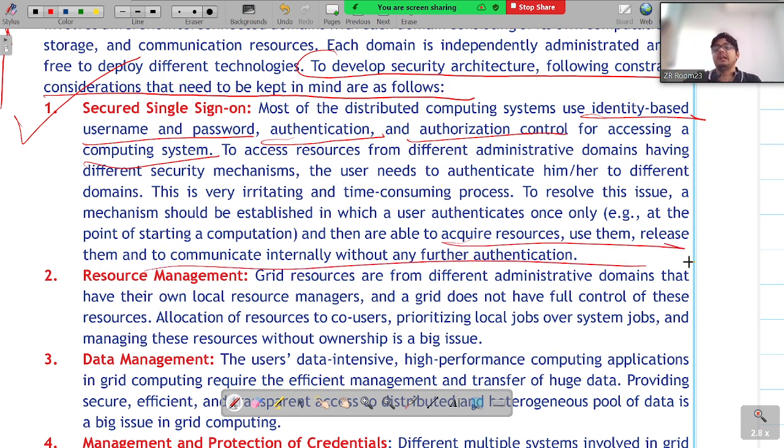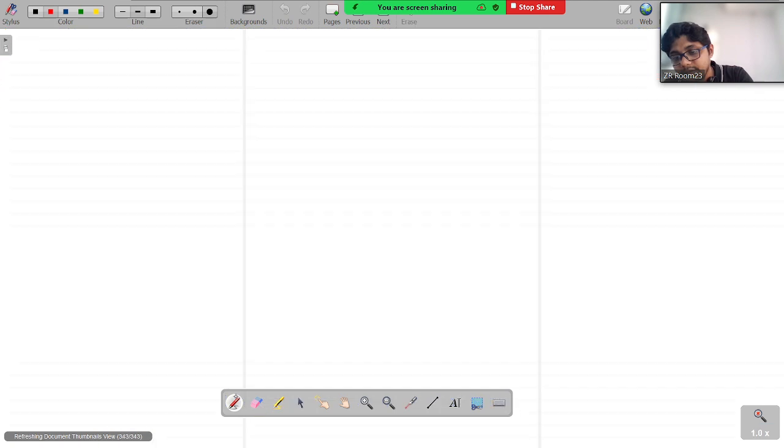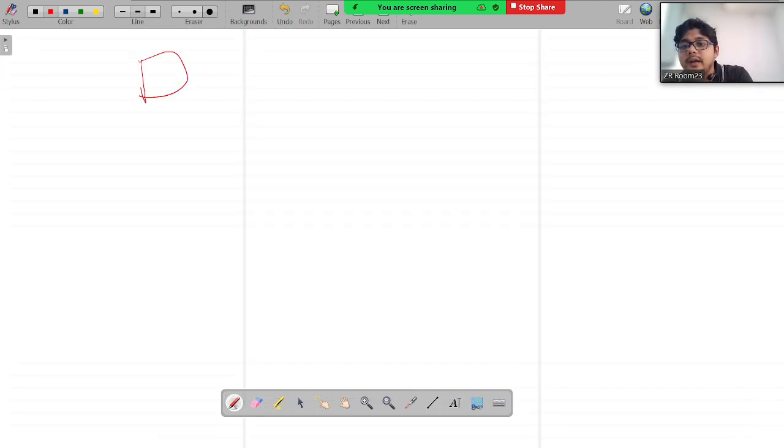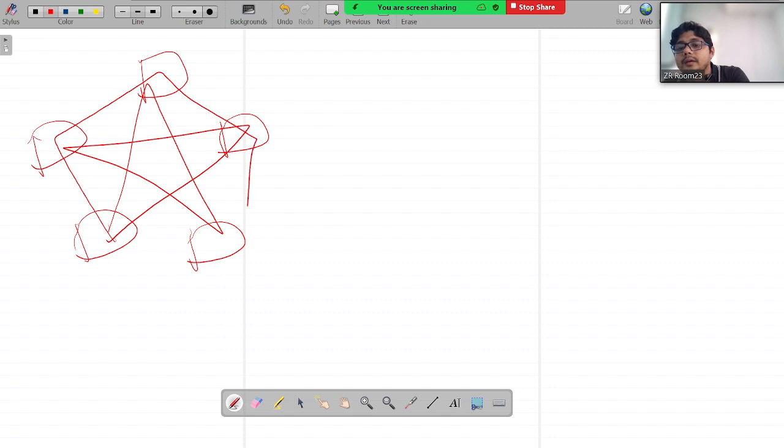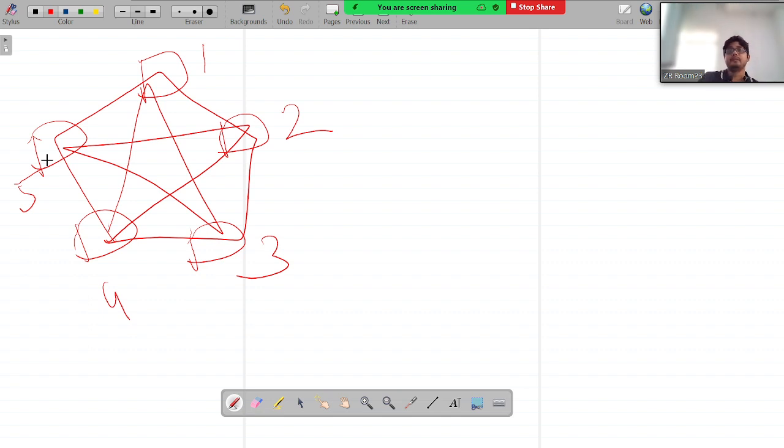Now what these people are telling, listen here. See, in grid, now there are total 5 computers in the grid: 1, 2, 3, 4, 5. Now listen properly.